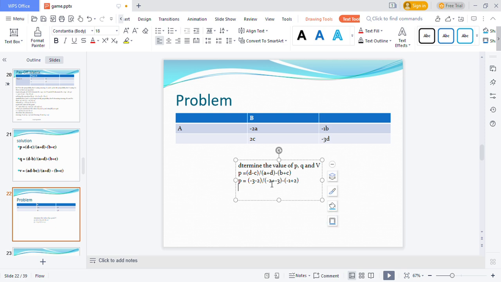So can we do the substitution here? We simplify the equation.